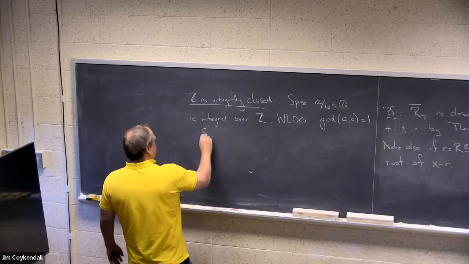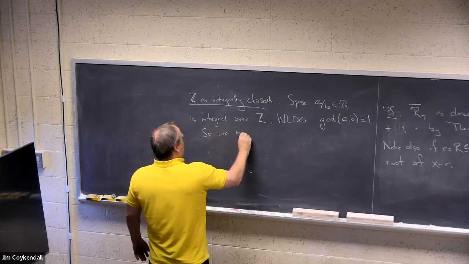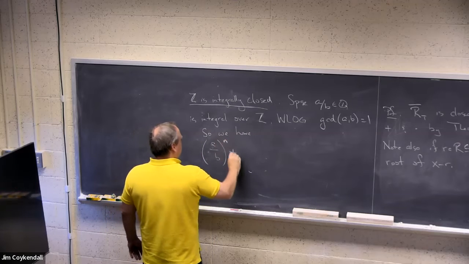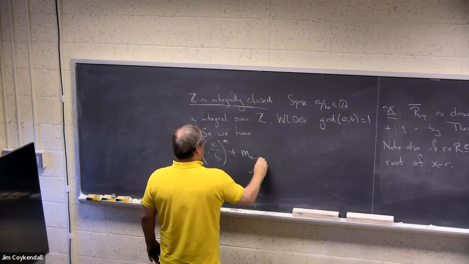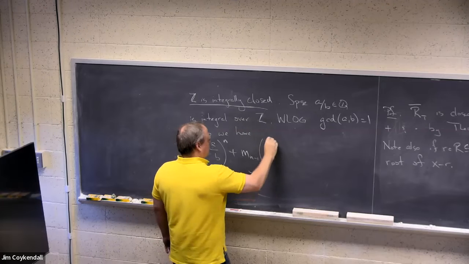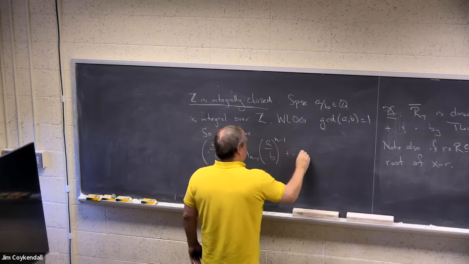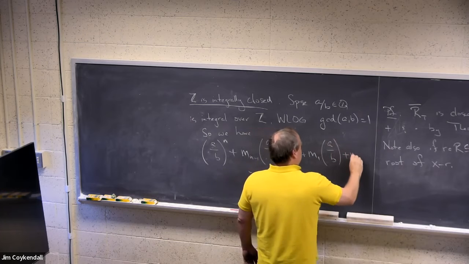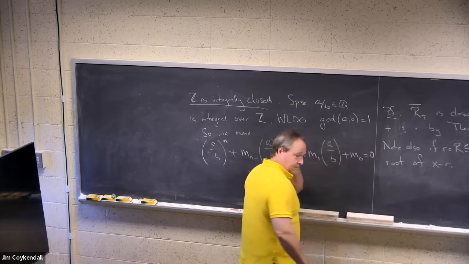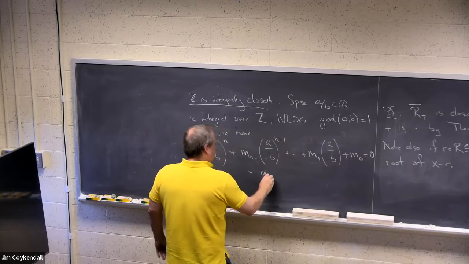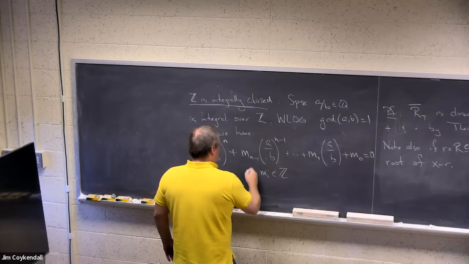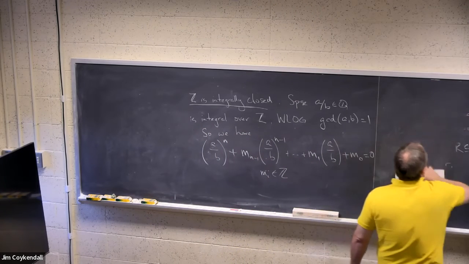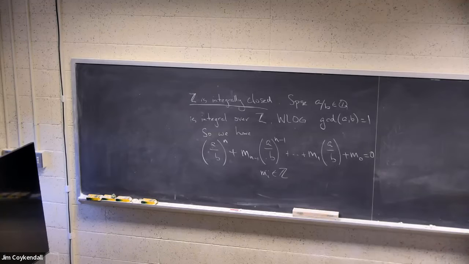So we have the following equation. I mean, that's basically what it means for a/b to be the root of some monic polynomial, right?